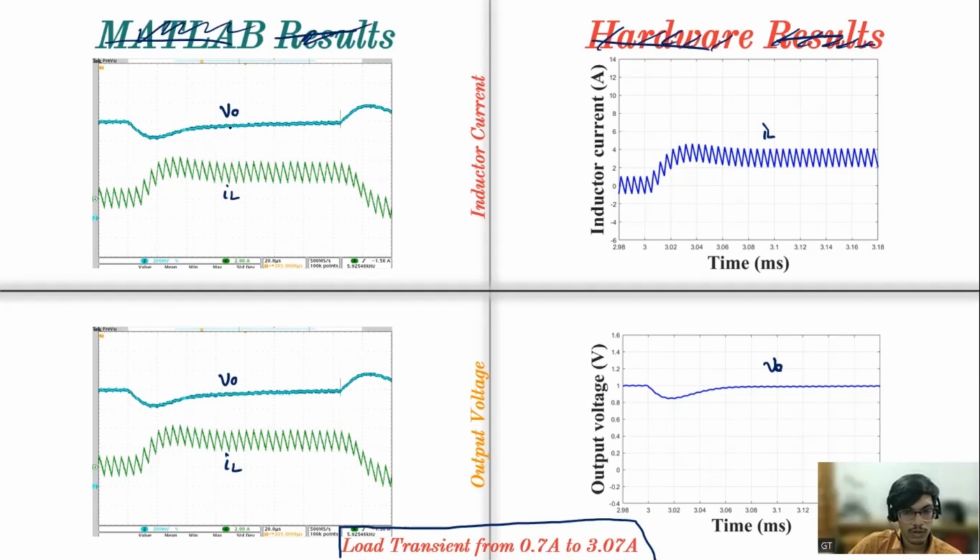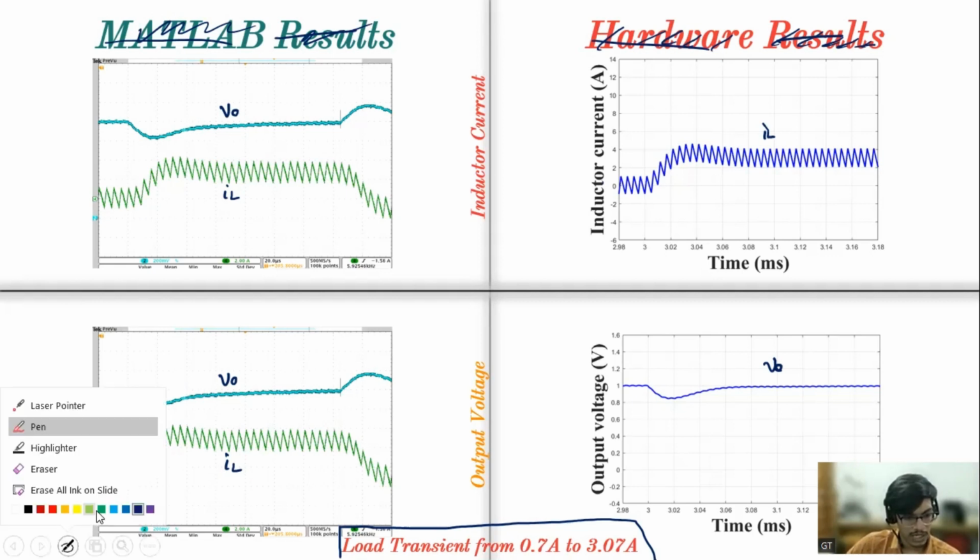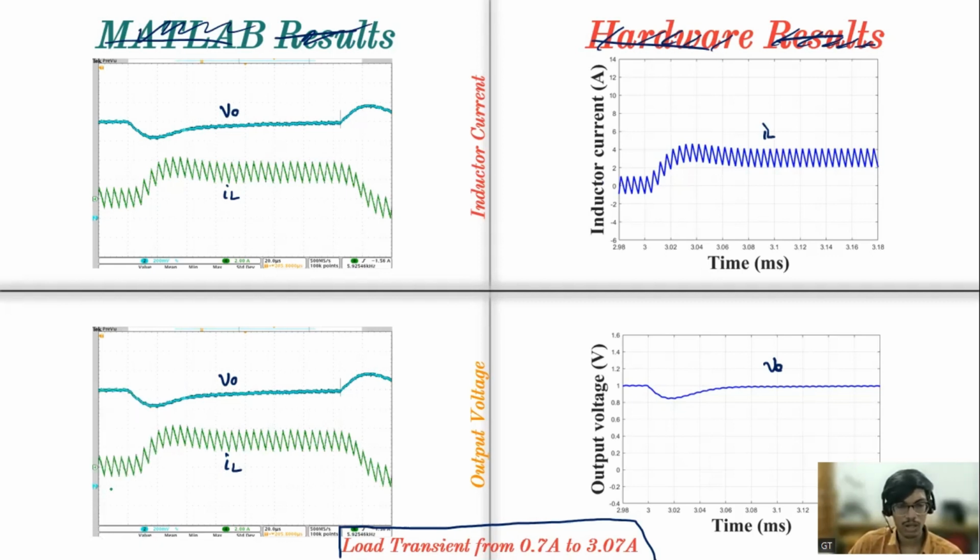If you see, IL is quite closely matching, and this is sufficient. The simulation is just to give some idea whether we are able to tune it properly. Now it is giving us almost close behavior with the IL, and V naught is also quite closely matching.